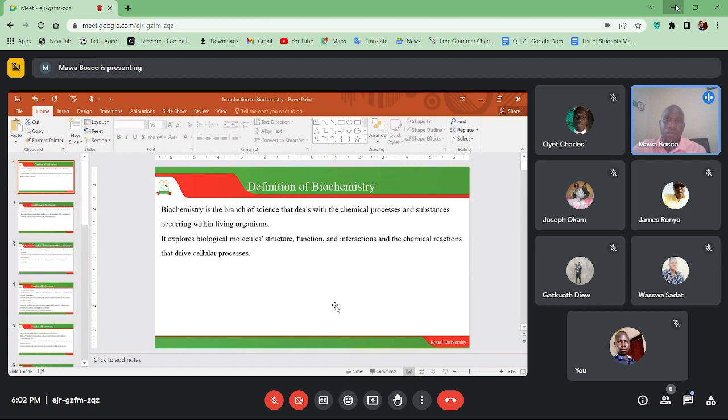We also have what you call polar covalent bonds. In here, you have electrons being shared between two molecules, and therefore resulting in what you call polar molecules.